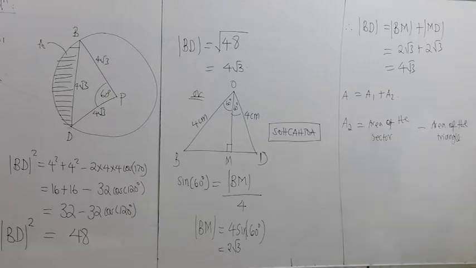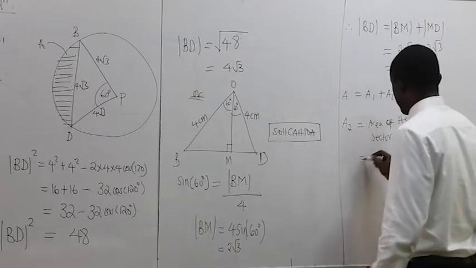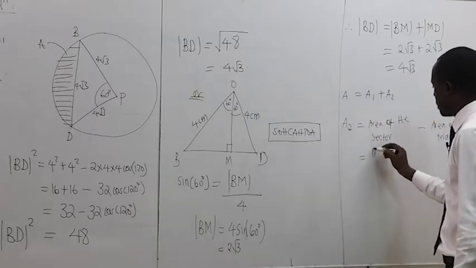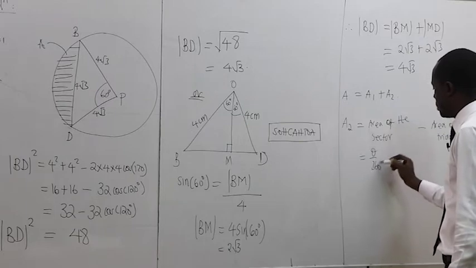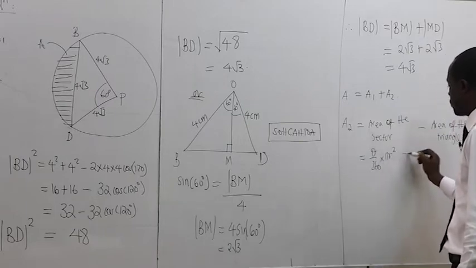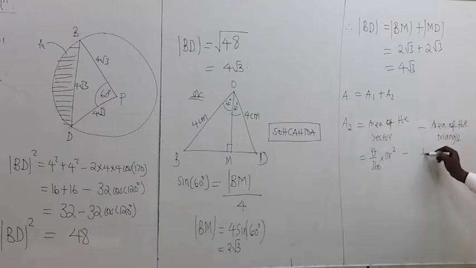That's area of the minor segment. That's area of the sector minus area of the triangle. Now, how do you find area of the sector? That's theta over 360 times pi r squared. Area of the triangle, that's half times r squared sine theta.